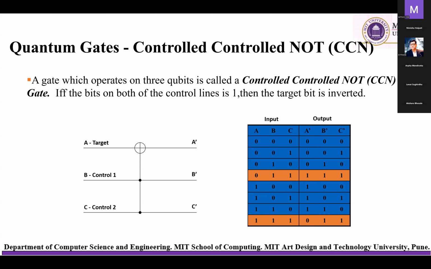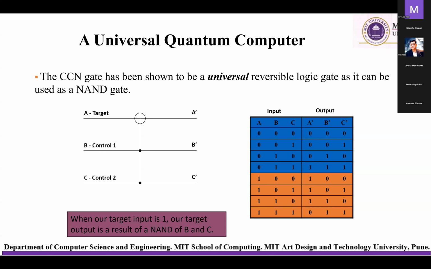This gate is useful in quantum circuits where conditional inversion based on multiple control qubits is needed. It is reversible and forms an important part of quantum error correction, classical reversible computation, and quantum algorithms. The controlled-controlled-NOT gate has been proven to be a universal reversible logic gate.